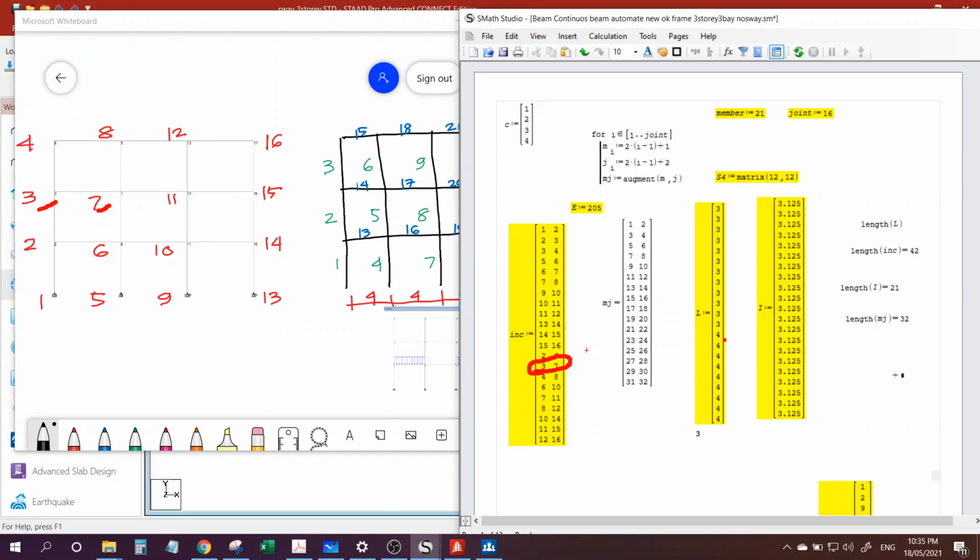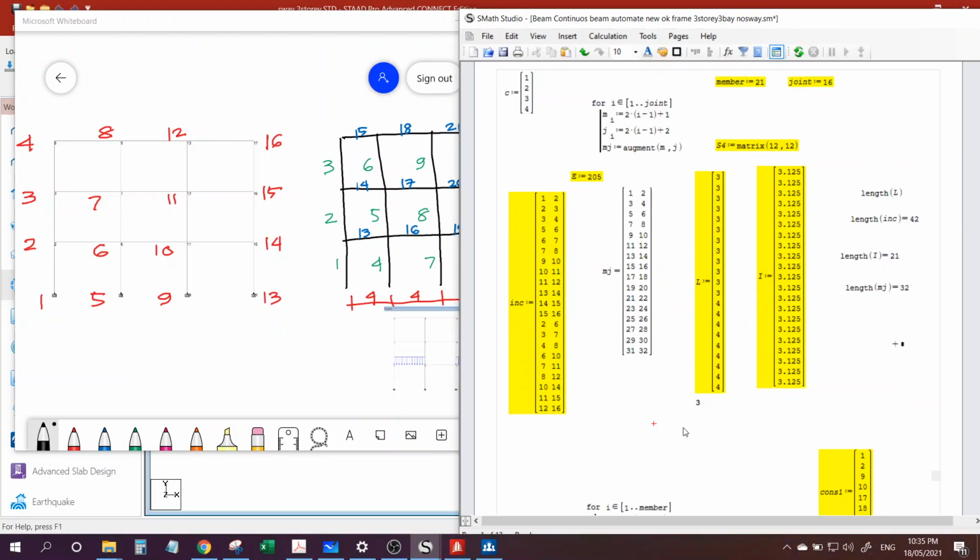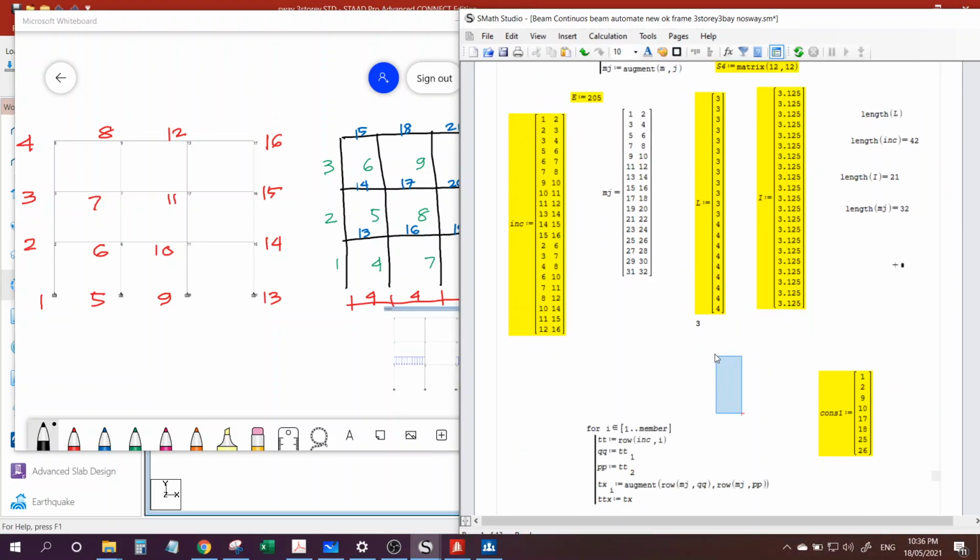So this should be consistent. That is the member incidence. Imagine that is also the same with how we label or connect beams in STAAD.